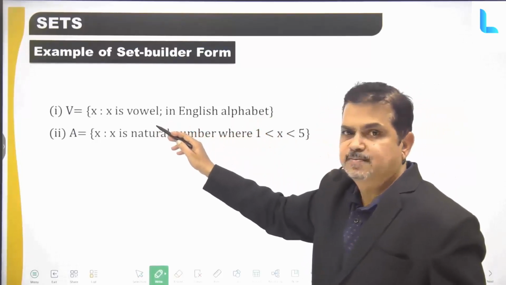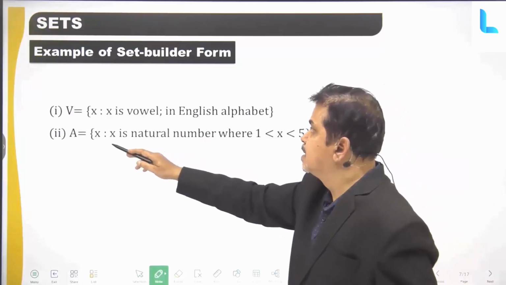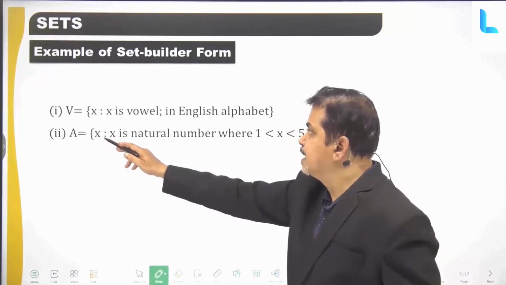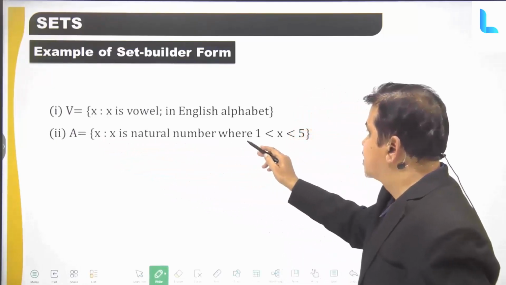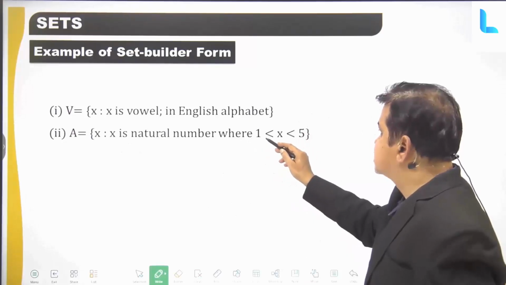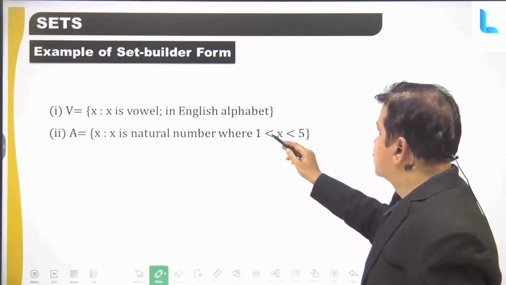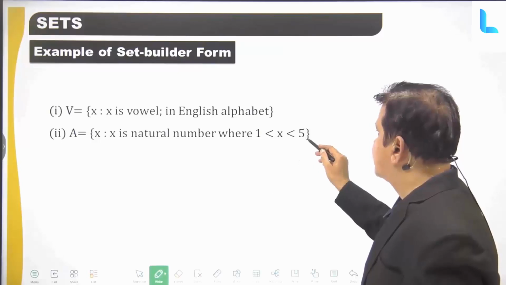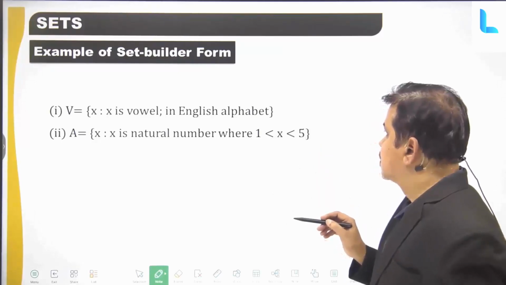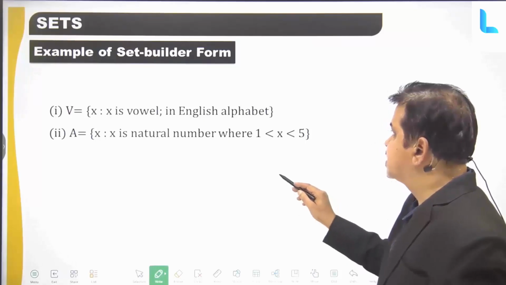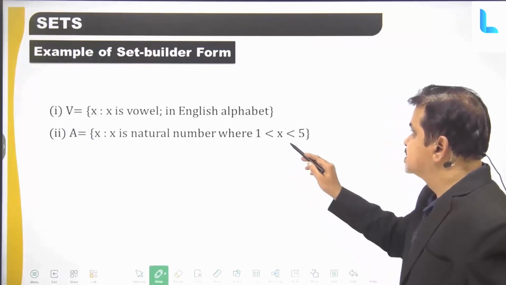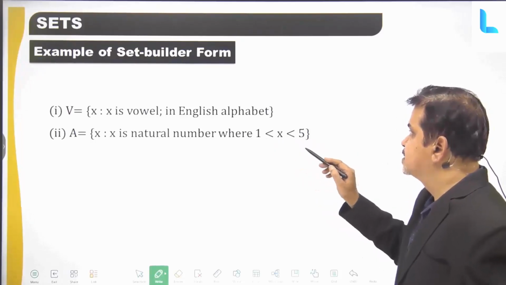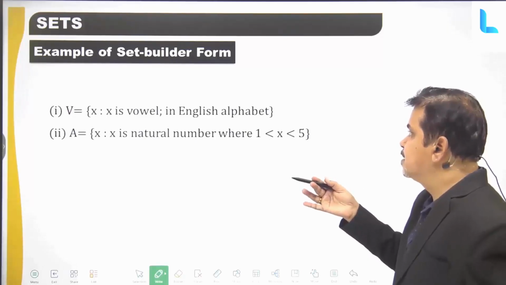And similarly, in the second case, where the set A is equal to {x : x is a natural number, where x lies between 1 and 5}, we can write this set of natural numbers where the value of x lies in between 1 and 5, say like 2, 3, 4.